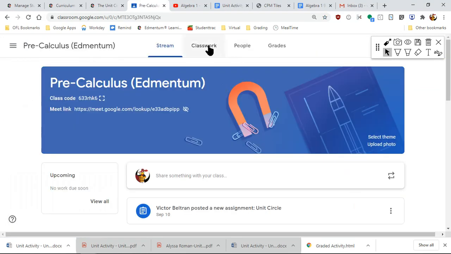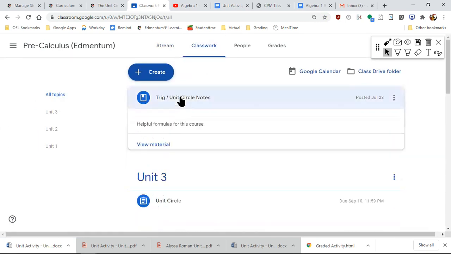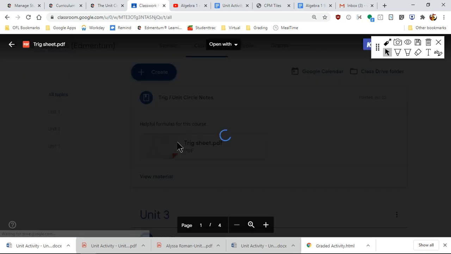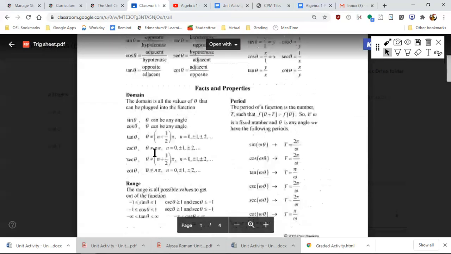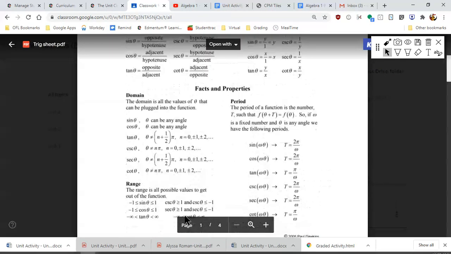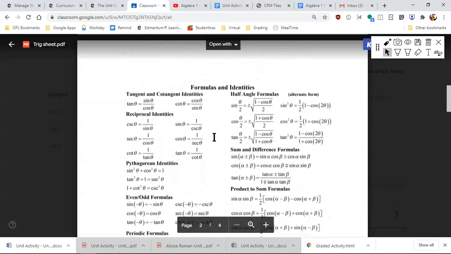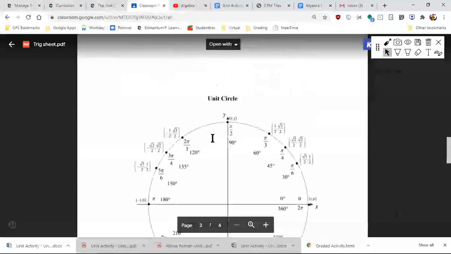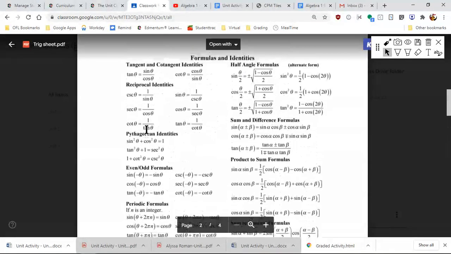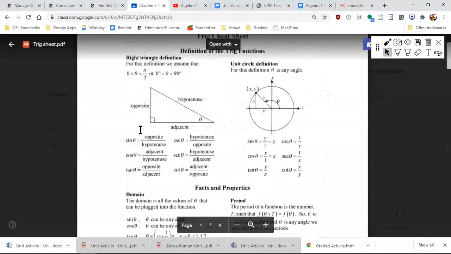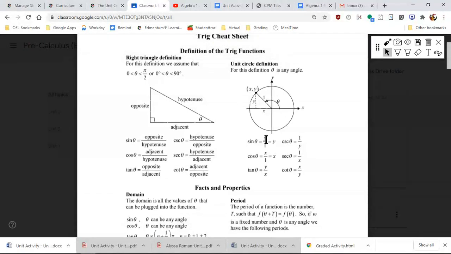If we go to coursework and look at our trig notes, everything we'll ever need for the rest of this class is going to be on here, and more. Some of this stuff we won't use, so don't worry too much about it. Just look for the stuff we do use. All of these are right here, and they even say it over 1 because it's a unit circle.